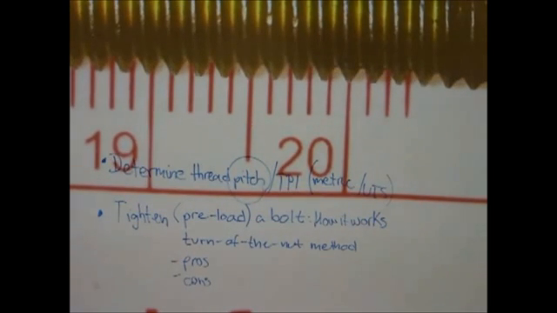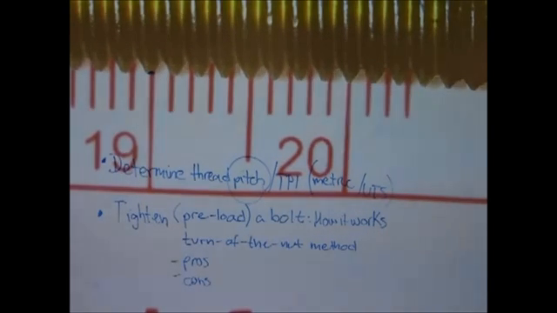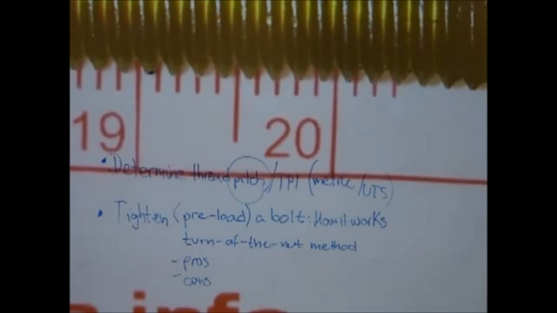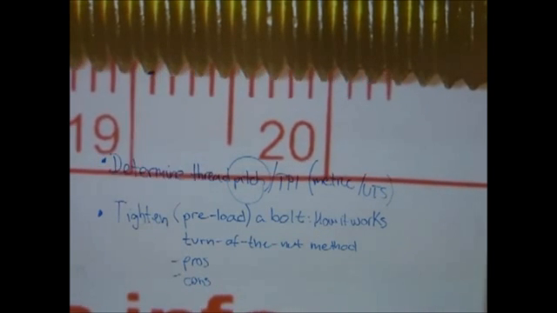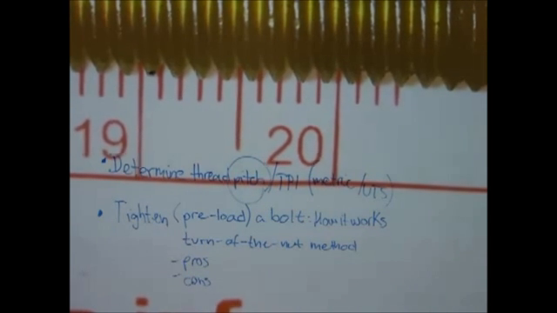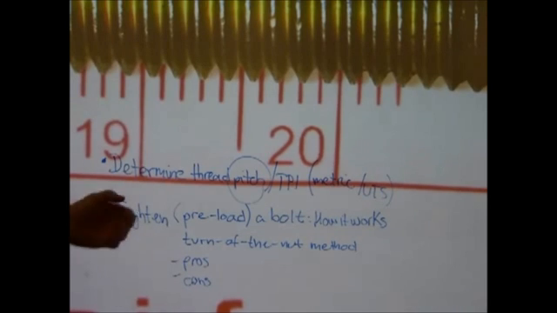Okay. So, on a metric, determining the thread pitch is very similar to an imperial method. Like I said, they are totally similar. So let's start at a root, so I will set it that way, just finicky, hold up. There we go. That's good. Let's start at a root on this one.